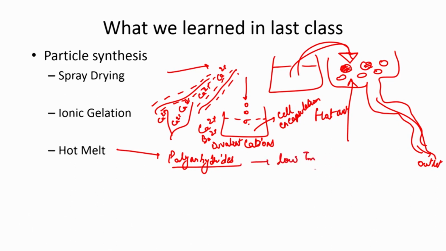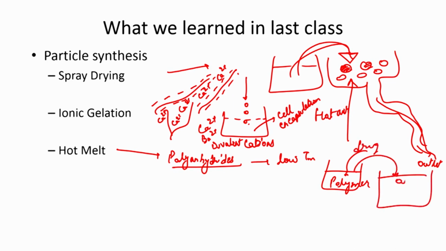So, what you can do is heat the polymer at a lower temperature and make it liquid, and then, let us say this is your polymer solution, in this case the polymer is the solvent, you add your drug and then you mix this whole thing in an oil with some stirring, and these polymer droplets will be formed, which you can then cool to result in a solid drug-containing polyanhydride or other polymer.